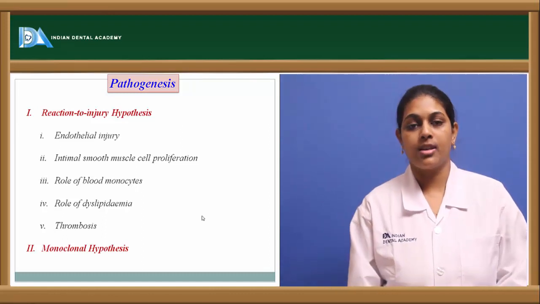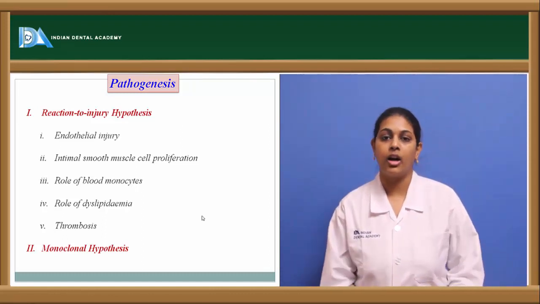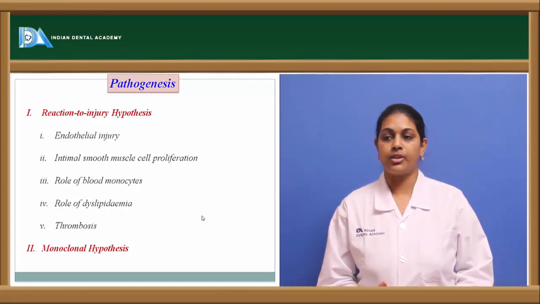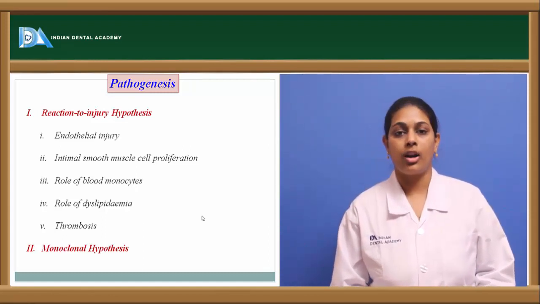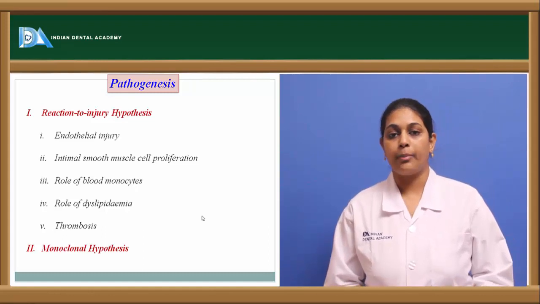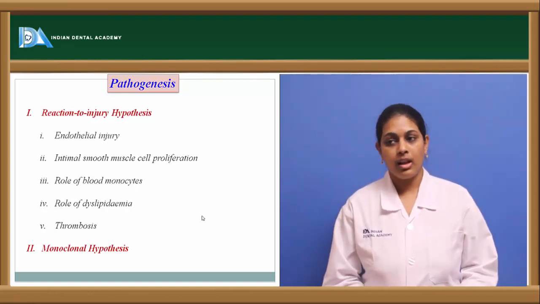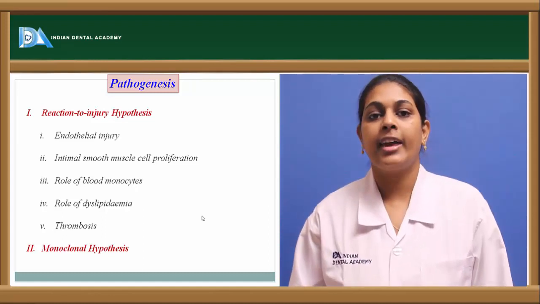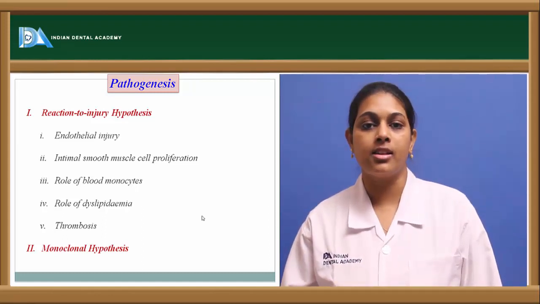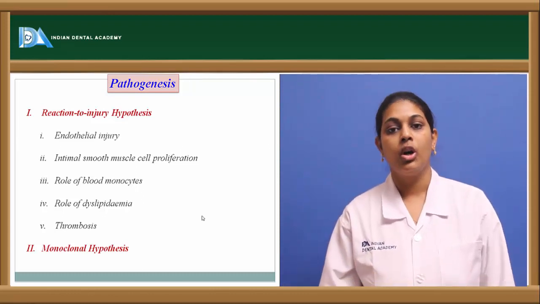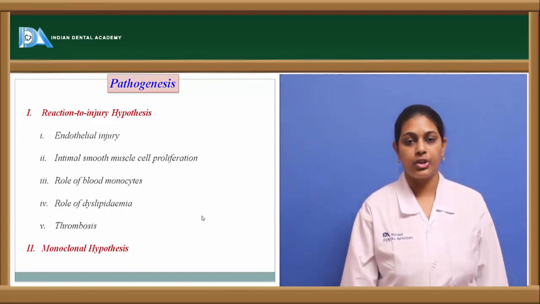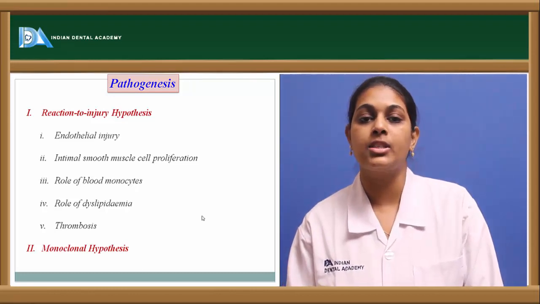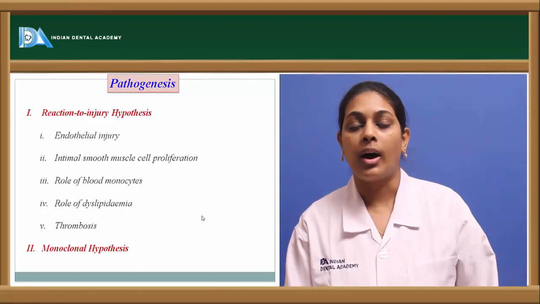Coming to the pathogenesis, two main hypotheses have been introduced. One is the reaction to injury hypothesis, and the other is the monoclonal hypothesis. In the monoclonal hypothesis, patients with atherosclerotic plaques, instead of the two isoenzymes of glucose 6-phosphate dehydrogenase, have shown the presence of only one isoenzyme.